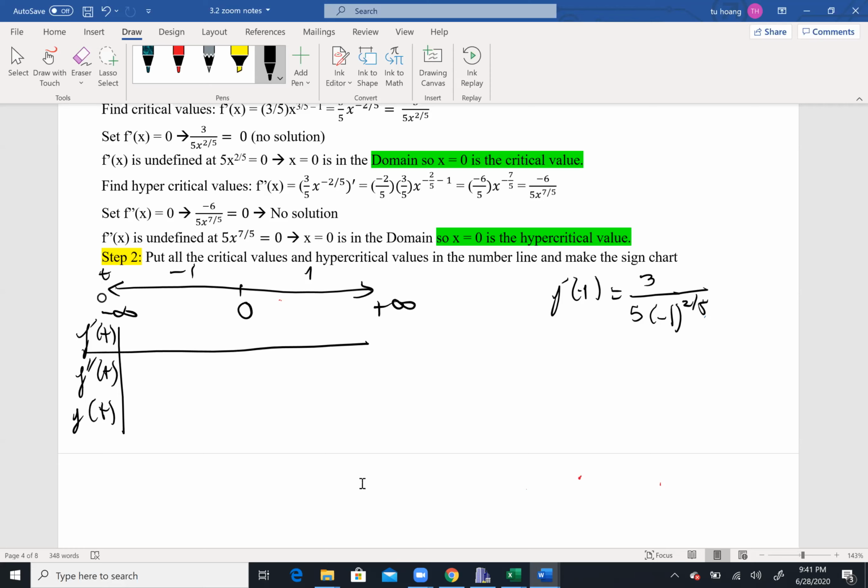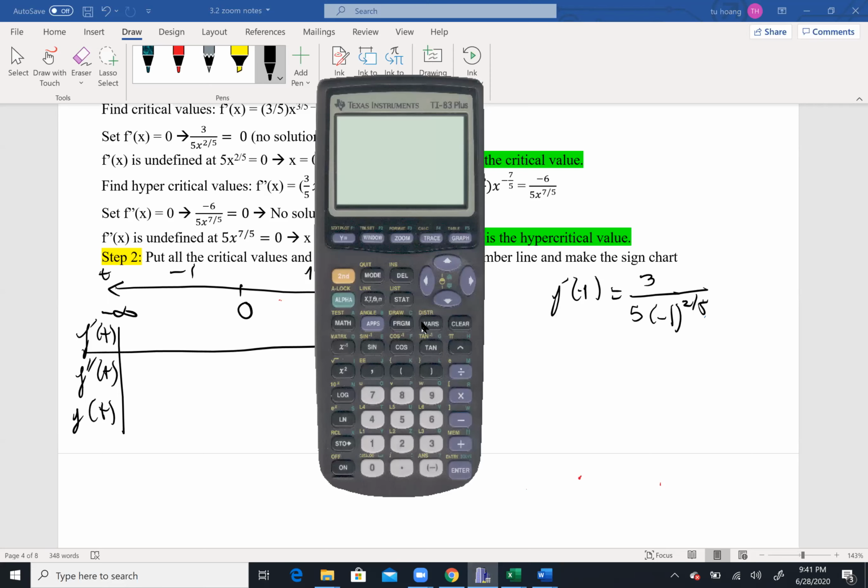Oh wait, no, a positive value, because I will check to make sure by calculator.